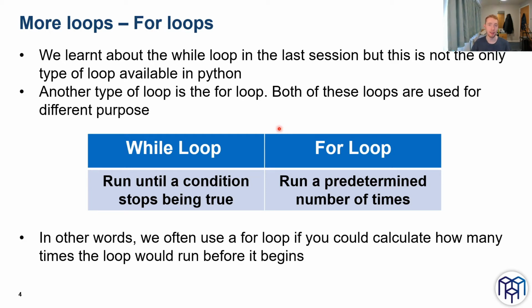Now, we don't necessarily have to calculate how many times it's going to run. It could be the case that it's a fixed number of times, but calculating that is a pain to do, and that's fine. As long as theoretically we could calculate how long the for loop would run for, then the for loop is appropriate. And whenever we don't know when something's going to end, then a while loop is more appropriate.